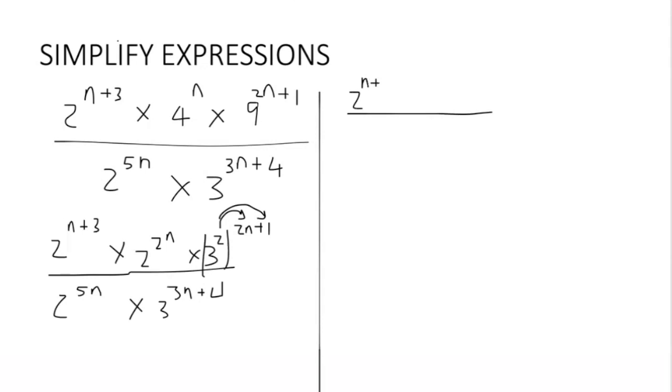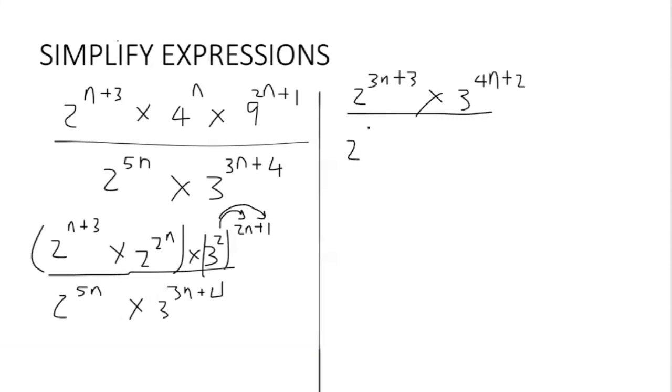Or what we could do, some simplification since these are the same base. Write it once and add the powers. n plus 2n, that gives us 3n. And then we have our plus 3 because we can't add a variable and a number. 2 times 2n, that's 4n. So we have 3 to the 4n. And 2 times 1 is 2, so we have plus 2.